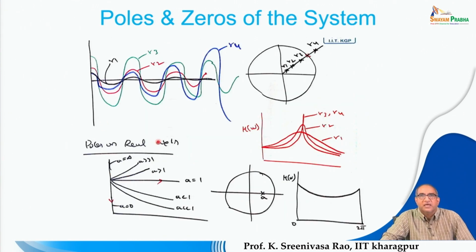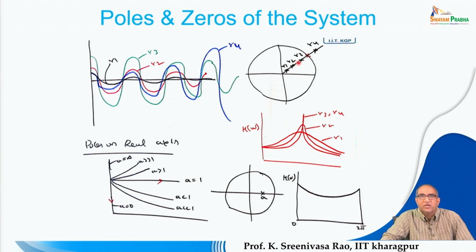Here is the same thing I just mentioned, showing in the time domain how those frequencies of oscillation look. You can see R1, R2, R3 and R4, where R1, R2, R3 are within the unit circle, and R4 is outside the unit circle.